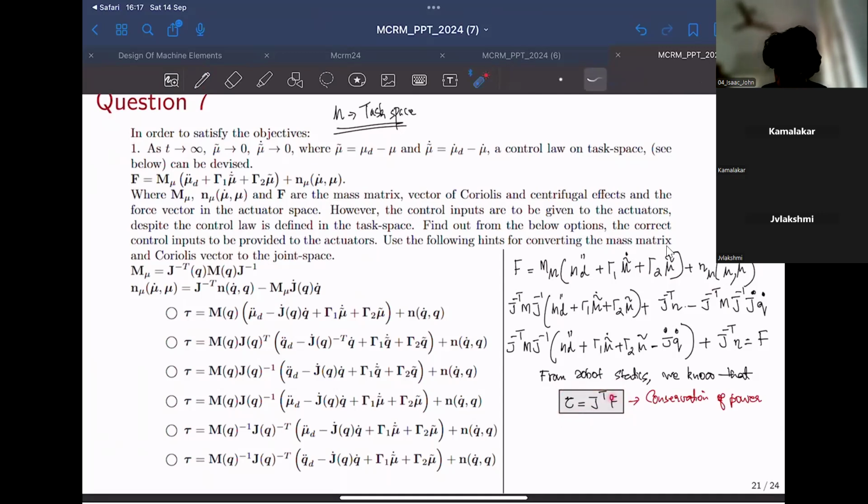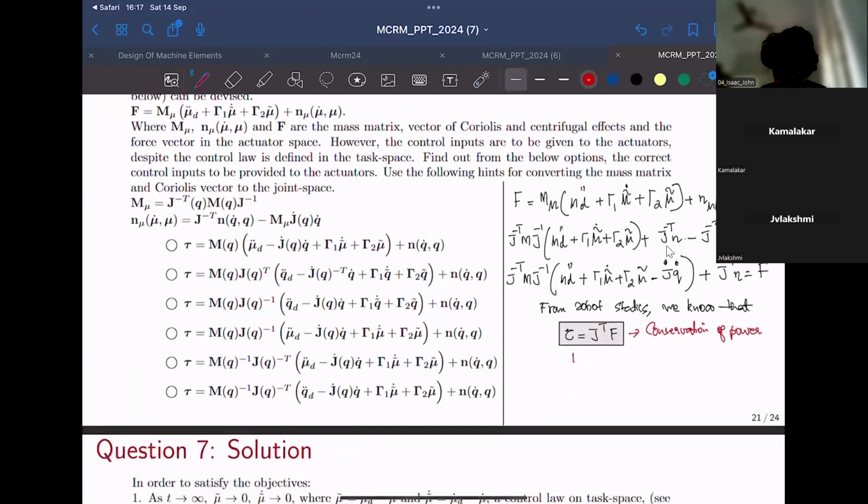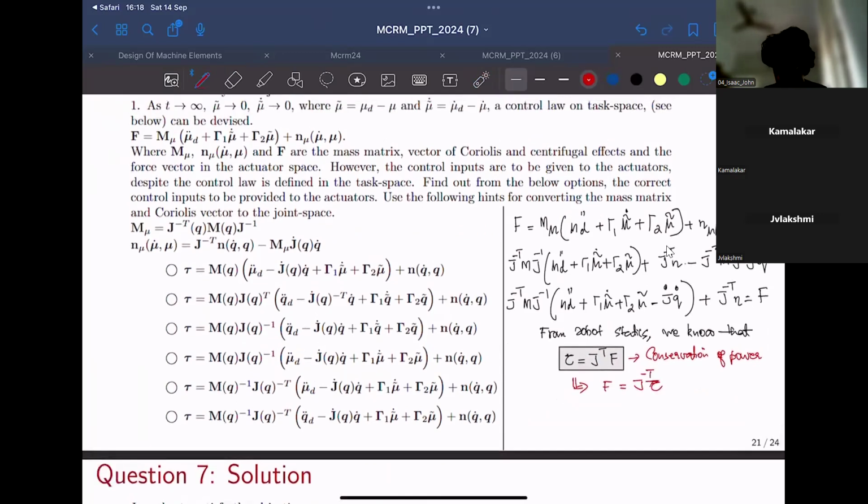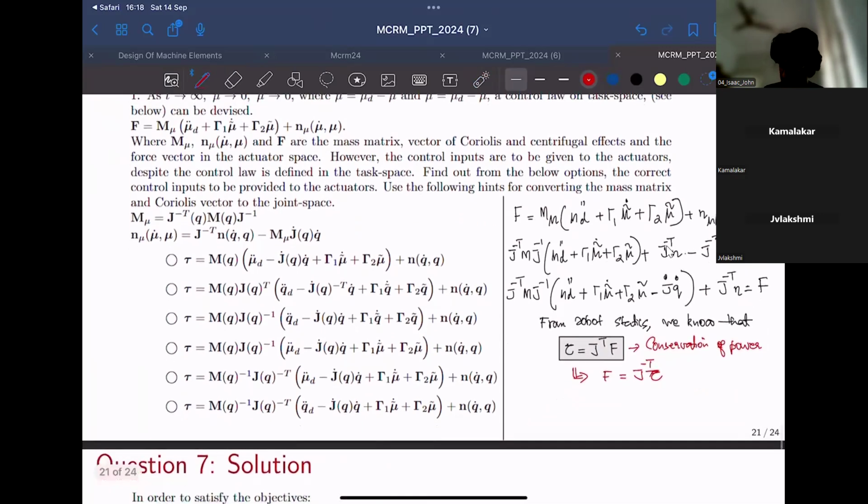If you bring this J transpose over to the other side, we can get F as J inverse transpose torque. So I'll directly replace this F as J inverse transpose tau over here.